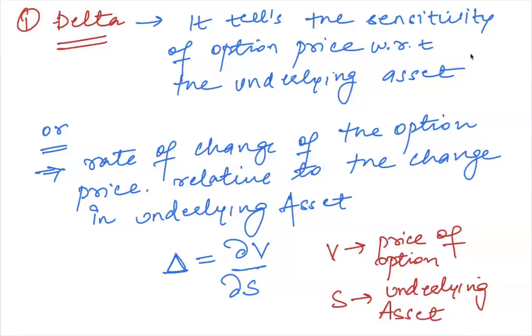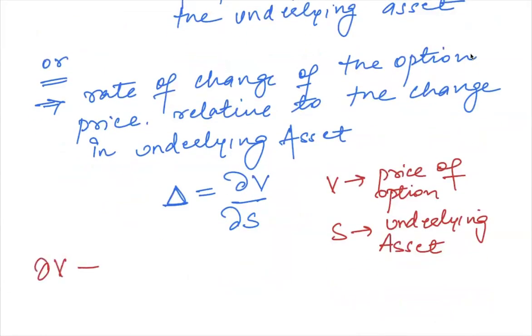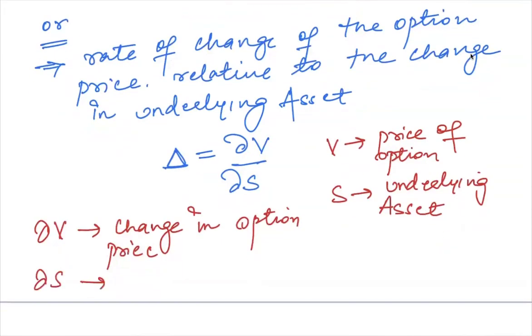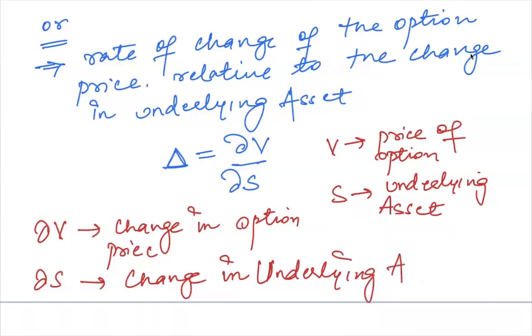So dV represents what? Change in option price. And dou S represents what? Change in underlying asset price. So is this clear to everyone?